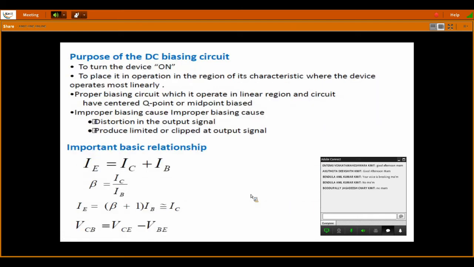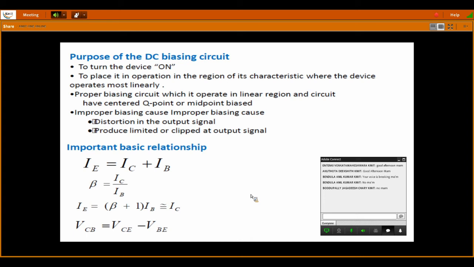Now, in order to turn the device on, since we want to amplify our AC input signal, we also have to turn on the transistor. The transistor is an active device which can be switched on with proper DC voltages.